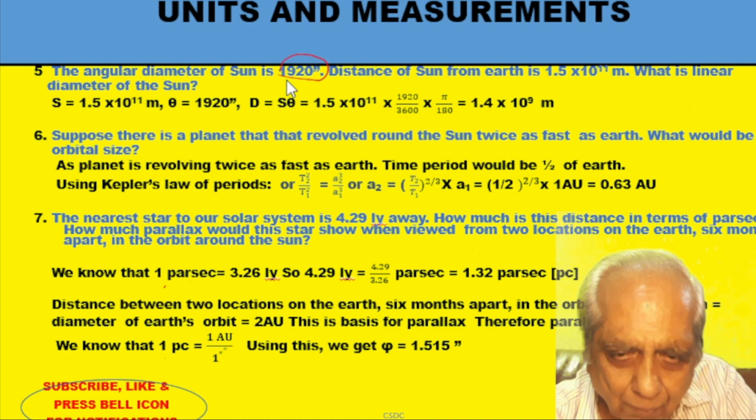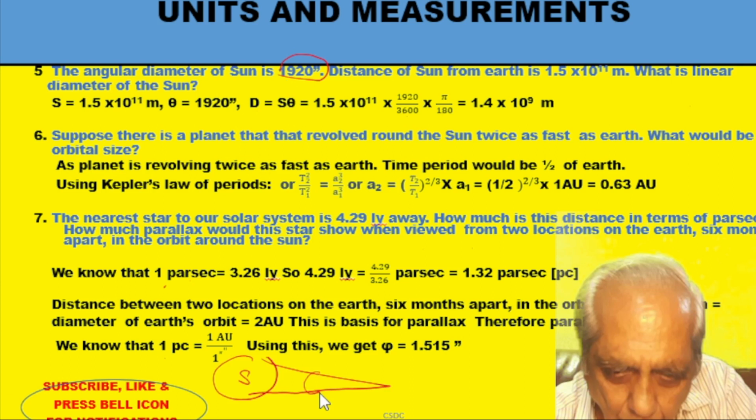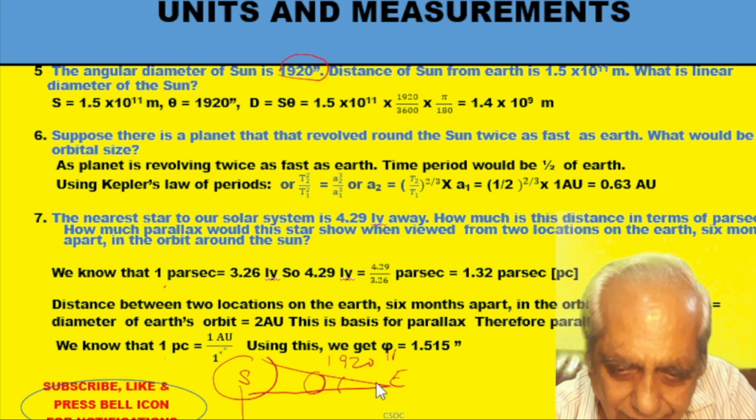This is the person on earth, this is the sun. And this angle is given to be 1920 seconds. When there are two lines, it becomes seconds. One line, it becomes minutes. Now we are given the distance of the sun from the earth. So this distance is given.